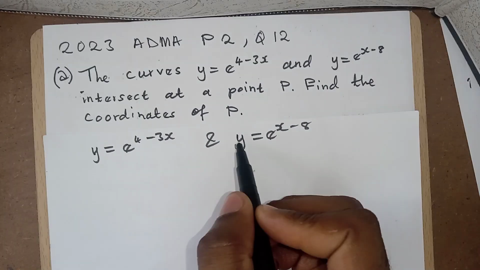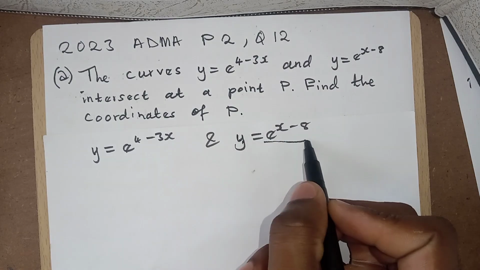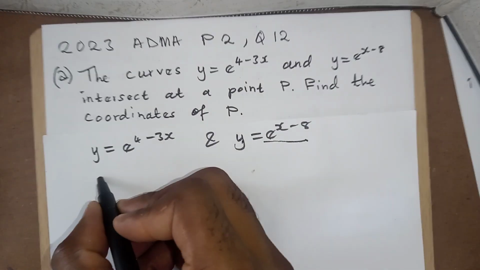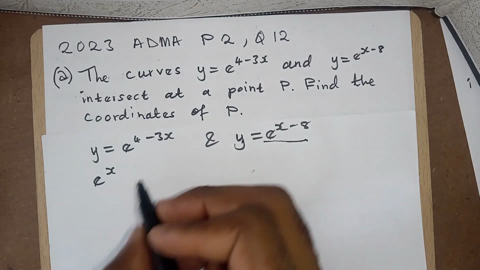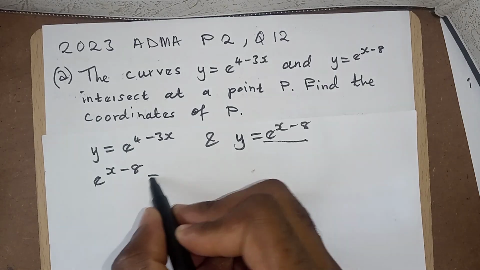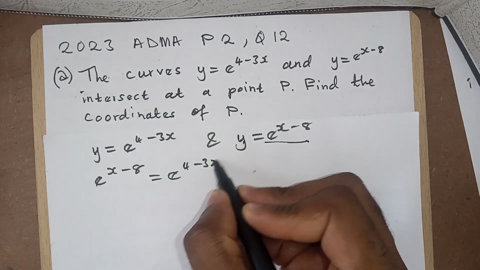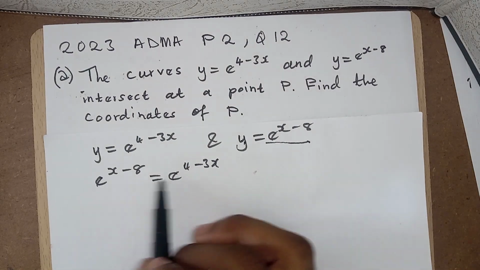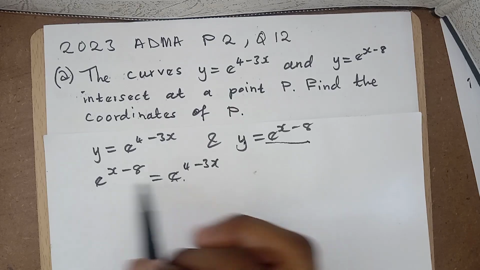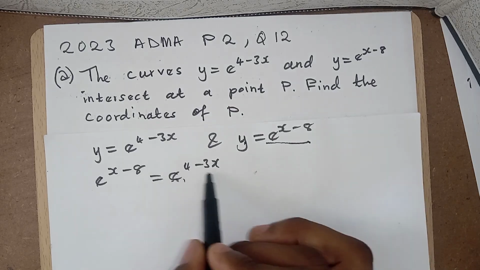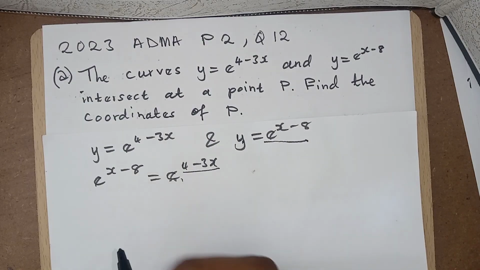Where you have y, you can just substitute the y value there. So you can say e to the power x minus 8, which is equal to e to the power 4 minus 3x. And then since the bases are the same, you can conclude that the powers are also the same.